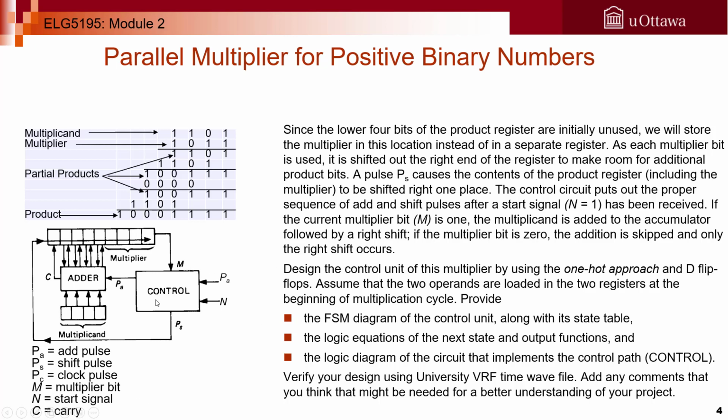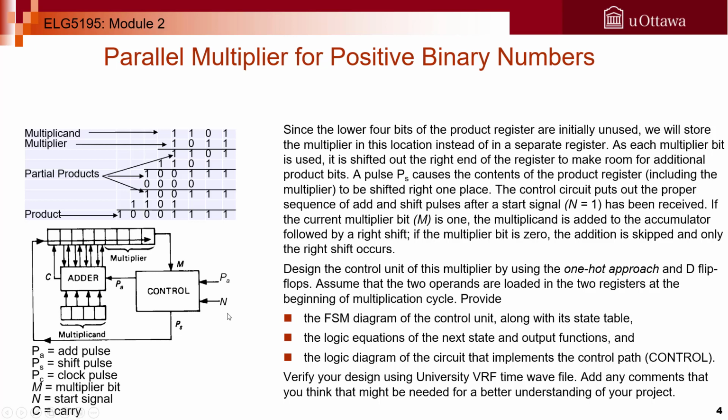After designing the control unit, something similar to whatever I've shown you in the parallel adder, you have to create a 1-bit adder, then create a block from those 1-bit adders to create a 4-bit adder. Once you have this 4-bit adder, you can create a block of it.